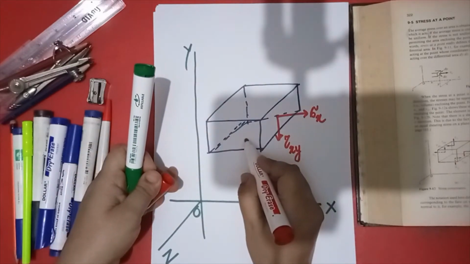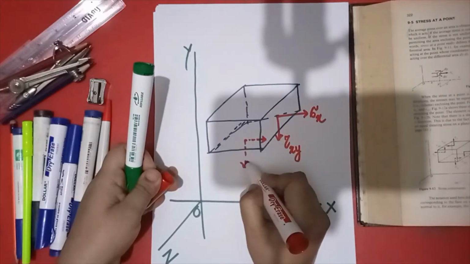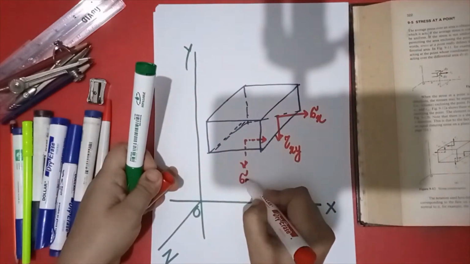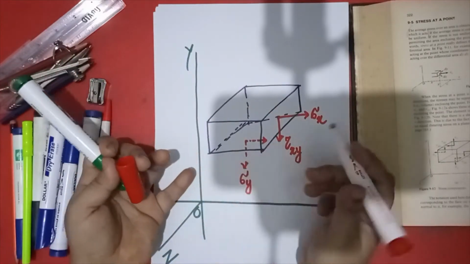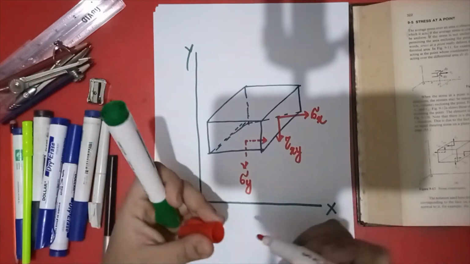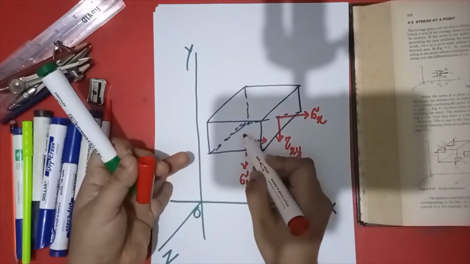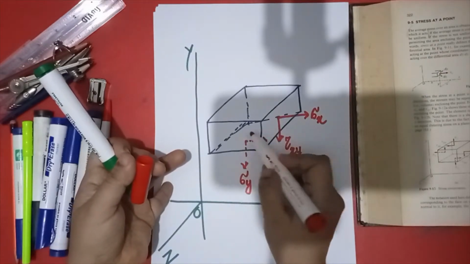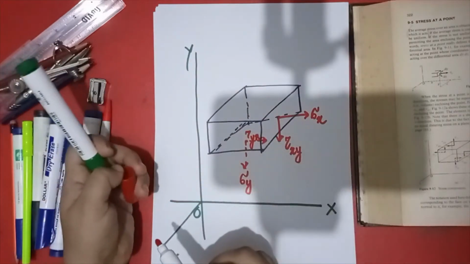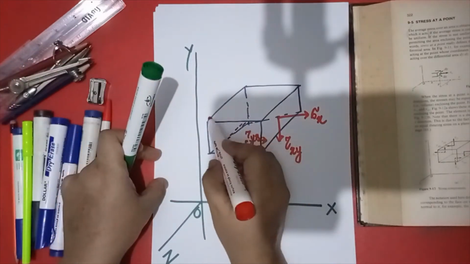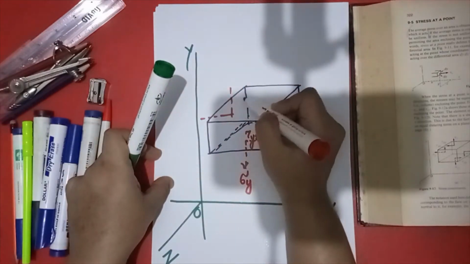For example, on the base, this is sigma y because this force is parallel to the y-axis. This is the normal stress. And this is tau, so it should be tau yx because of this y.